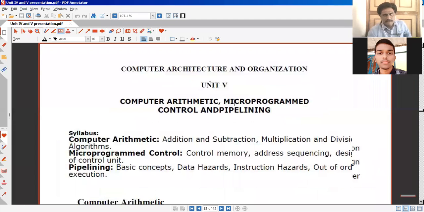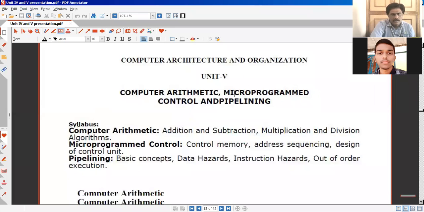Okay, so today we will start Unit 5. Unit 5 deals with three major topics. One is computer arithmetic.